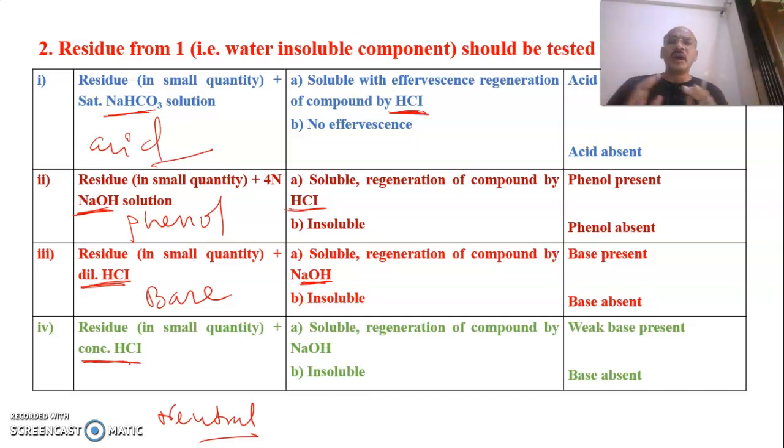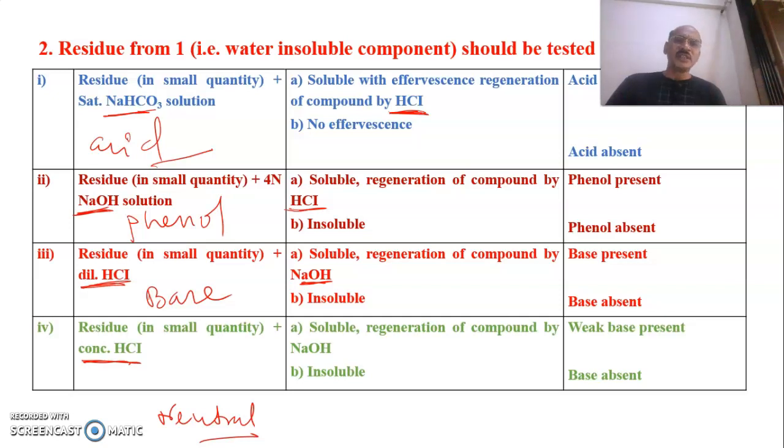So, at a glance, you have to remember, for type determination, the first step will be dissolution by forming salt. For the formation of salt, for acids, base is used, like sodium bicarbonate for acid, sodium hydroxide for phenol, and for base, acid is used, that is hydrochloric acid.